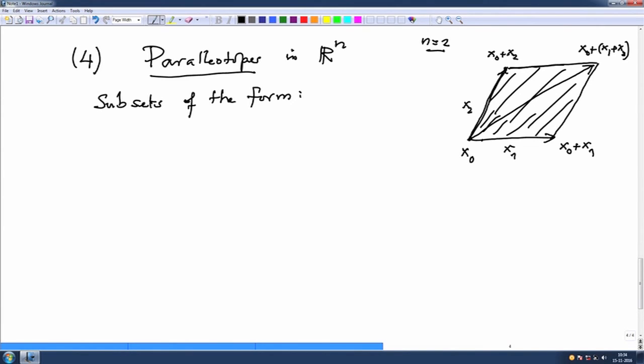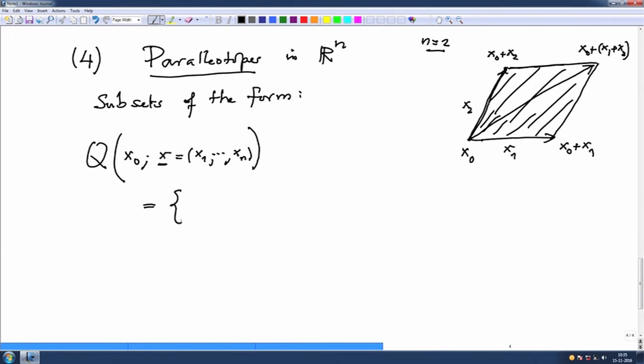I will write now in the notation form. In the higher dimensional case, it is Q(x0; x), where x is a basis x1 to xn. And this is by definition what?